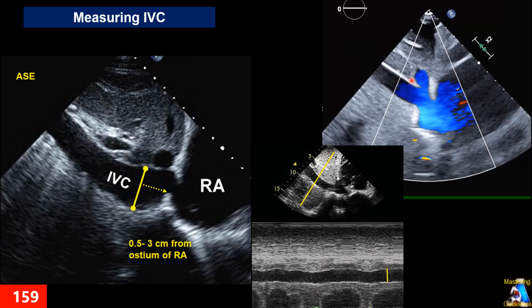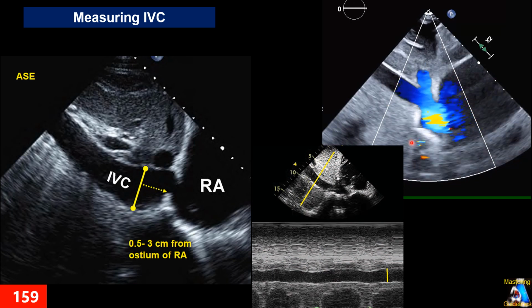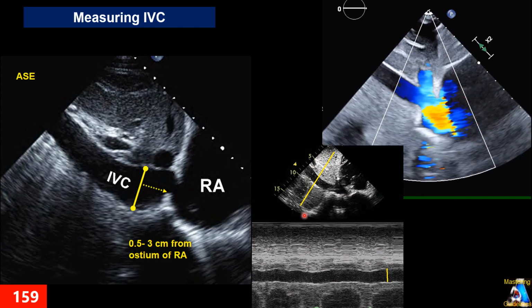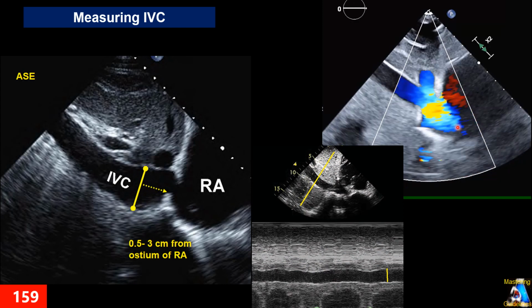When it's open, slowly fan to the left and right, very small. Then when you see the largest diameter, that moment is your image. Acquire it, freeze it, then go cine loop back and forth and find the largest diameter of the IVC.